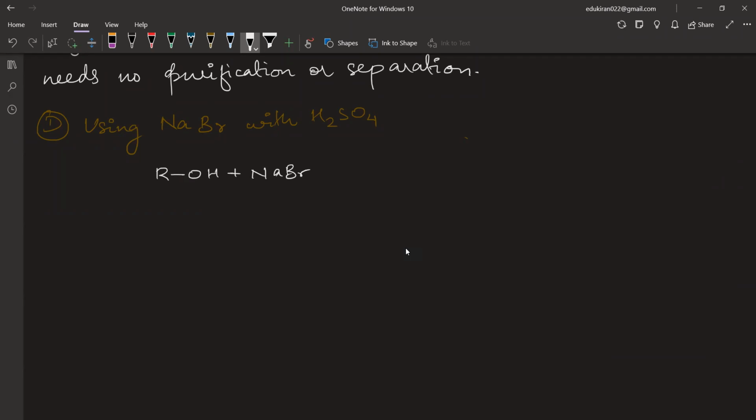Instead of NaBr, you can also use KBr, but since NaBr is easily available, we use NaBr. In the presence of H2SO4, you will be getting RBr. The byproducts will be NaHSO4 plus H2O. Okay, write the statement.